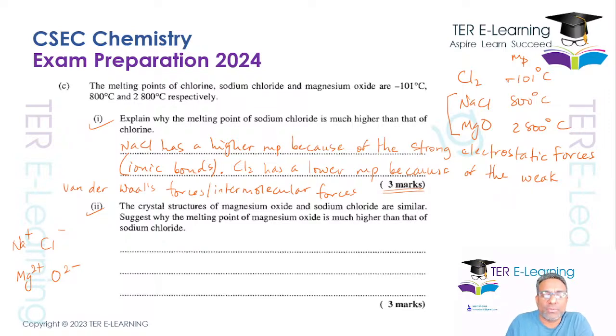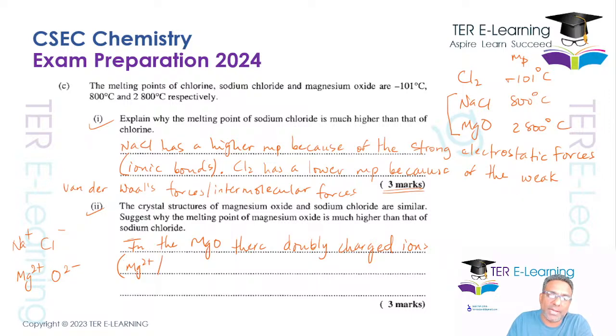Right, so here's what we're gonna have here, right? So some of you all had some excellent answers in the chat, right? So what's happening here is that in the magnesium oxide, right, there are doubly charged ions. And when I say doubly charged ions, I'm talking about you have Mg2+ and you have O2-, right?